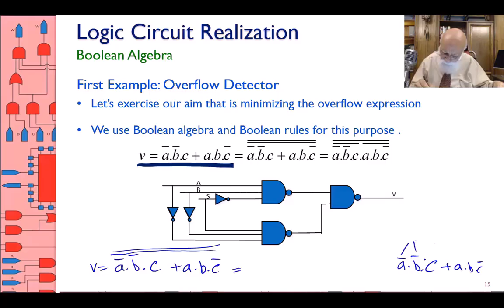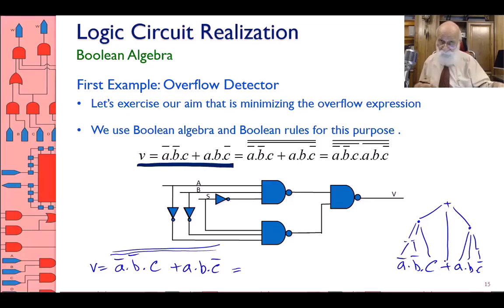These are the bars, bar, bar. So this is the ANDing, then again I have this bar here, then this is the ANDing, and then the top level operation is OR.